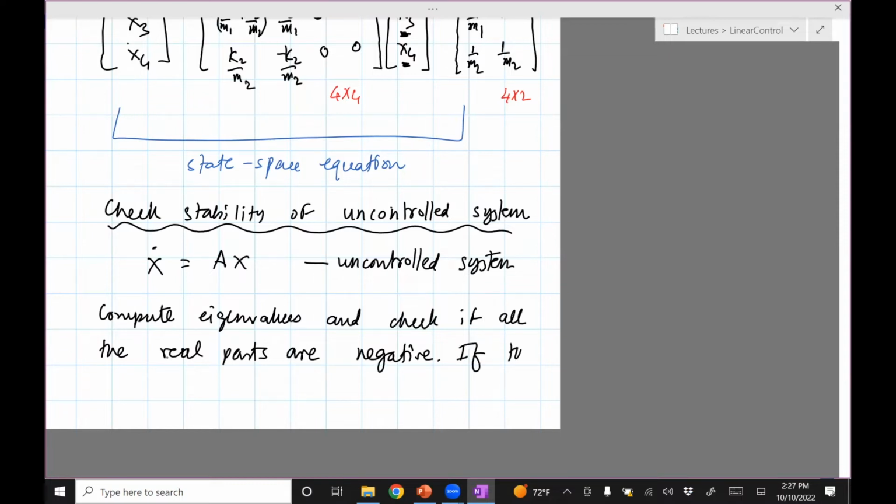If they are negative, then the system is stable. Okay, so it's a very easy test because there are tools to compute the eigenvalues of a matrix such as A, and all the eigenvalues should have real parts less than 0, or negative.